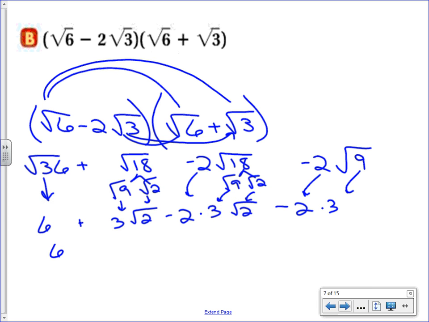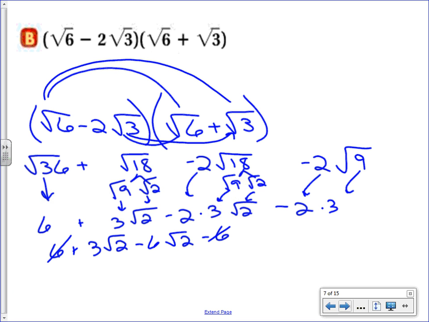I'd have 6 plus 3 square root of 2 minus 6 square root of 2 minus 6. Some things can be put together, some things can't. If you have a positive 6 and a negative 6, that just equals 0. So really, they just go out.